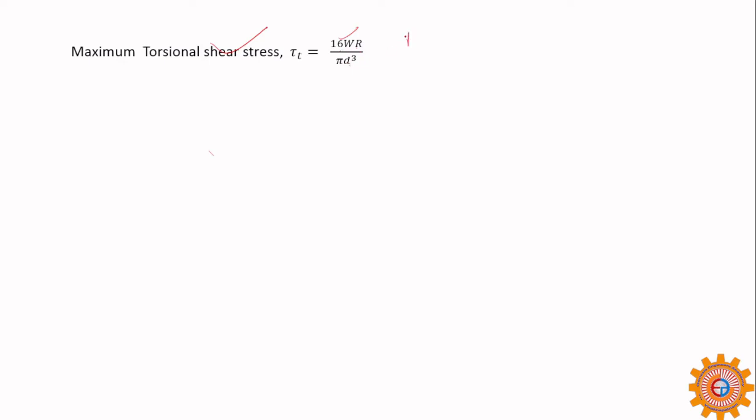Torque T is equal to pi by 16 d cube into tau. So tau is equal to 16T by pi d cube, where T is equal to WR. That we got. So this is the torsional shear.